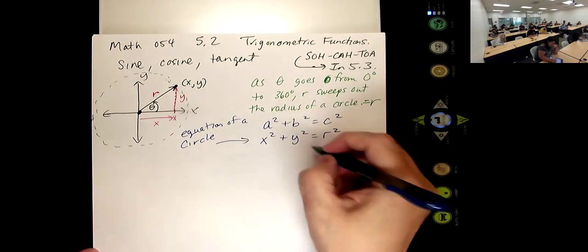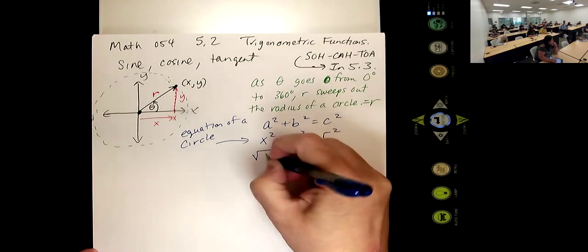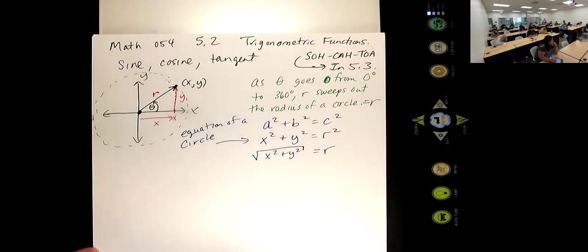And if I take the square root of both sides, I get r equals the square root of x squared plus y squared. The reason why I'm pointing all that out is because we need some of this stuff for what we're about to do.